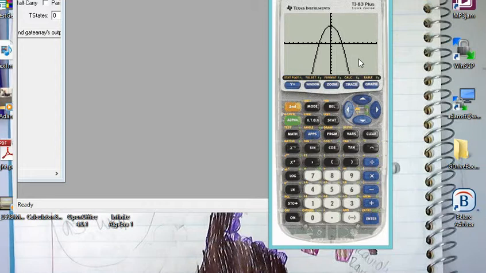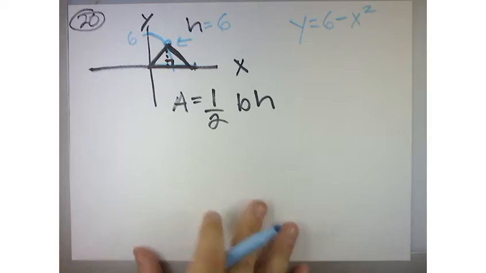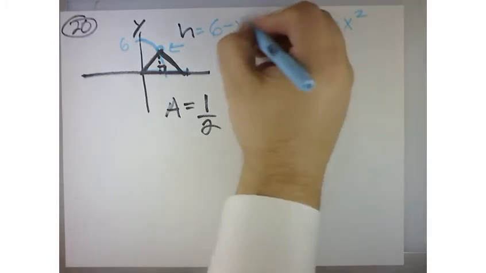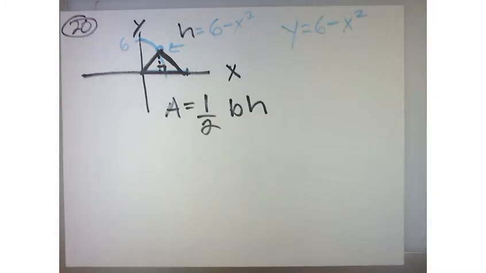And the height right here is really the y value of this function evaluated at x. So we can find this height, which is equal to 6 minus x squared. The problem is I don't know what x is.